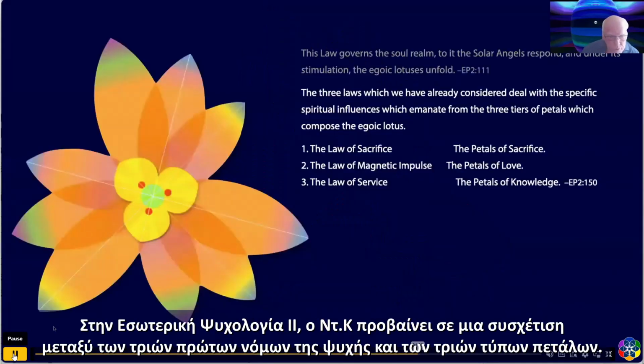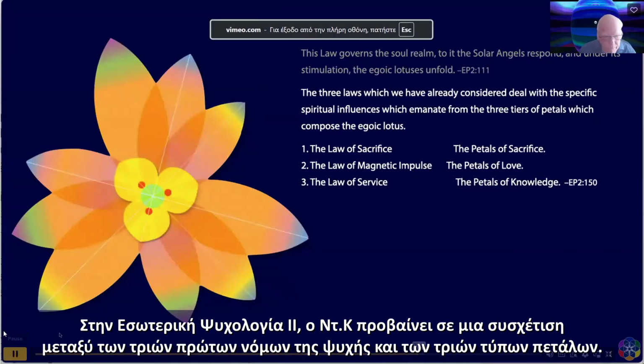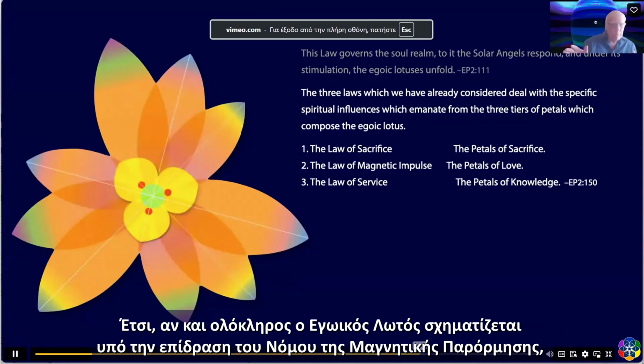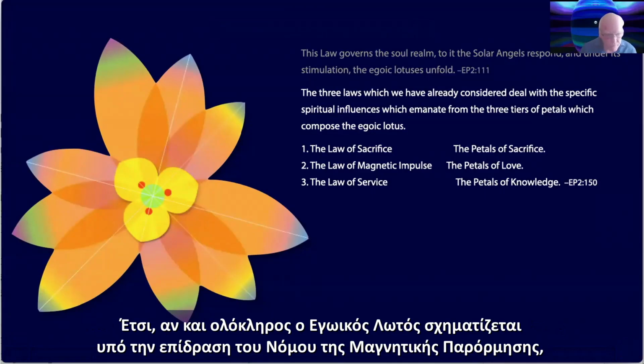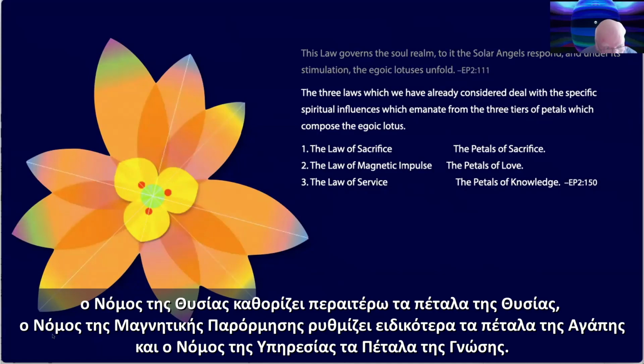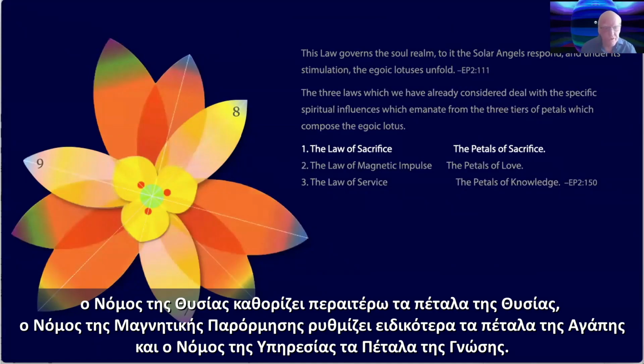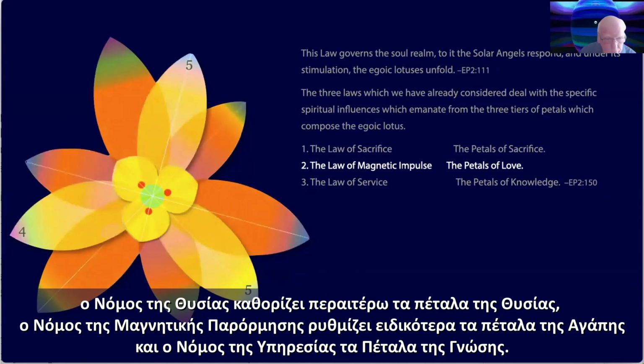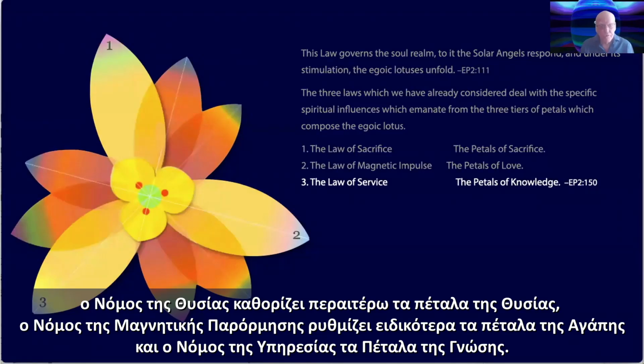In EP2, DK draws a correlation between the first 3 soul laws and the 3 types of petals. So, though the entire egoic lotus is formed under the influence of the law of magnetic impulse, the law of sacrifice further conditions the petals of sacrifice. The law of magnetic impulse further conditions the petals of love, and the law of service further conditions the petals of knowledge.